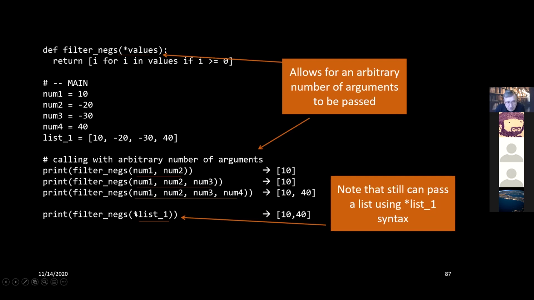You do need the special syntax of the asterisk here before the list you're passing. That will unpack the list into all the separate values to be passed to this, because this expects a collection of values. A list is really one value, but this unpacks the list into all those separate values to be passed to this guy. So as long as I know that syntax, I can pass a list or individual variables to that same function.